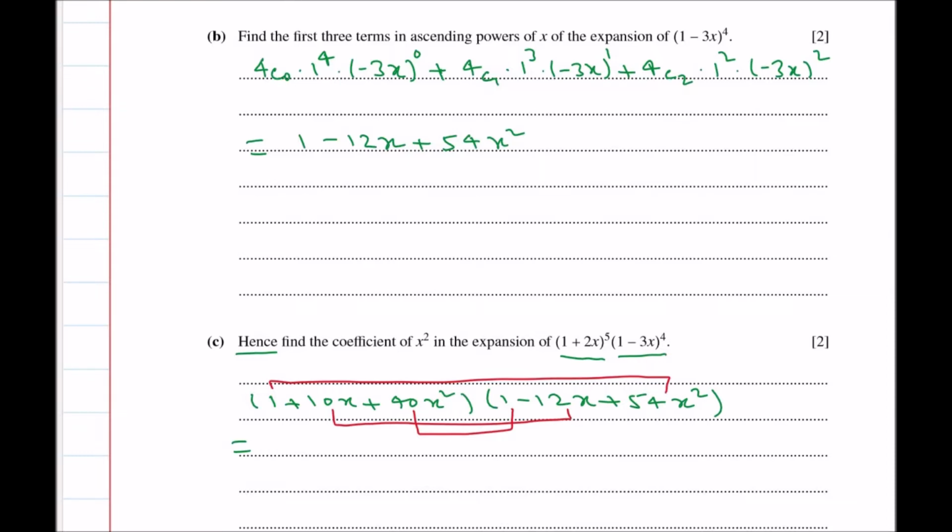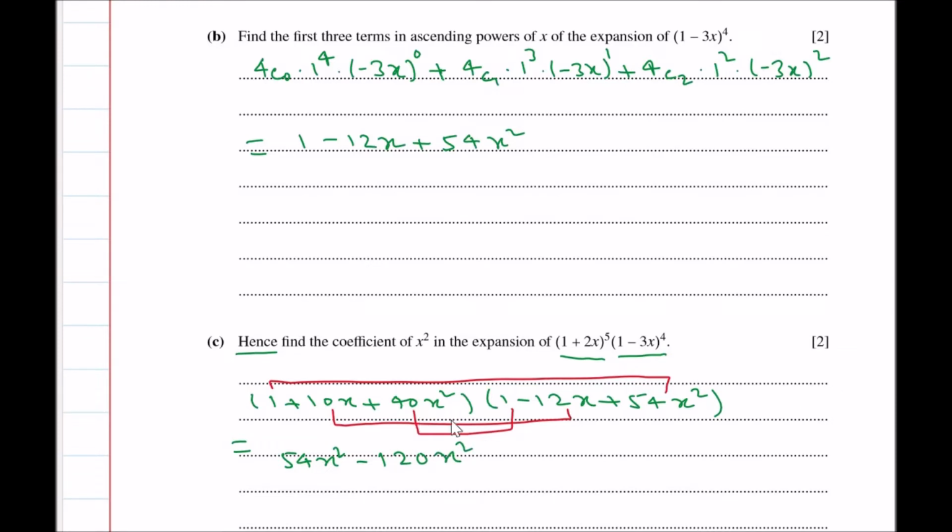So what we are going to do here, let us multiply and write their product. So 1 into 54x square, that will be 54x square. Now 10x into minus 12x, that means it is minus 120x square.